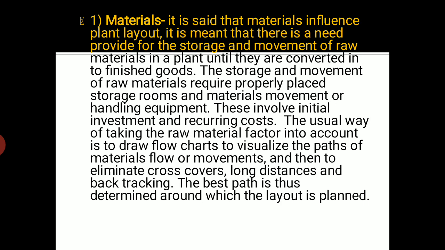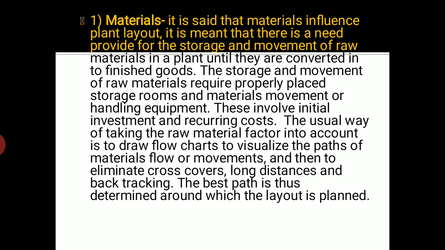The usual way of taking the raw material factor into account is to draw a flow chart to visualize the path of the material's flow or movement, and then to eliminate crosscurrents, long distances and backtracking. The best path is thus determined, around which the layout is planned. Just as I told you a couple of minutes back, if you want to take the materials from the storeroom, you may need some equipment, right?